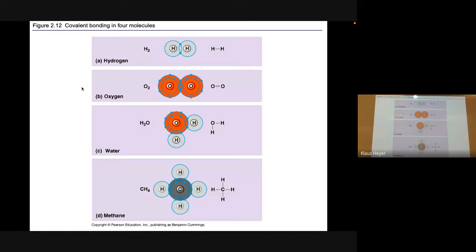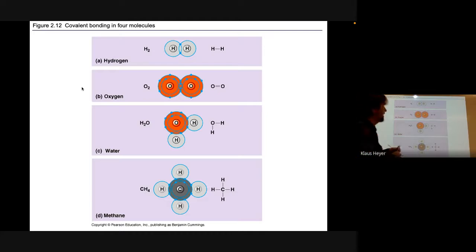And same thing here, CH4. That just means 1 carbon, 4 hydrogens. And that's all it says. That just means that they're doing covalent bonds. Most atoms bond by covalent bonding. So they want to fill their valence shell.